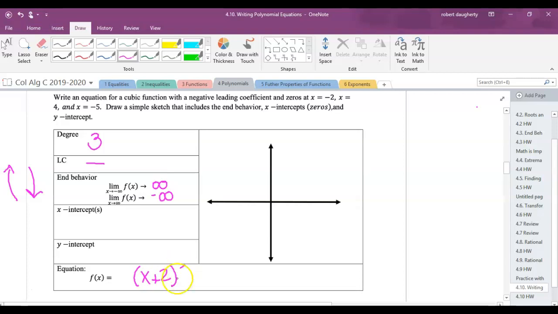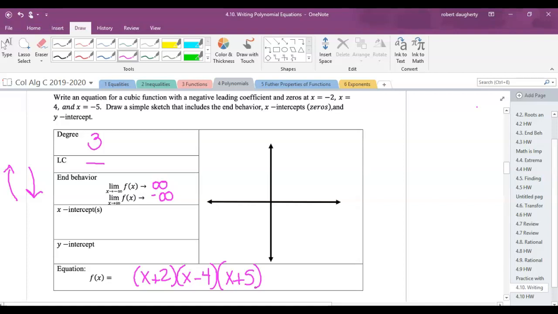X minus 4. It has a 0 at -5. What has to be a factor? X plus 5. Okay. Now, will there be any more roots? What degree is this? Third degree. What's the most it can have? 3. I can't add any more and get a third degree.